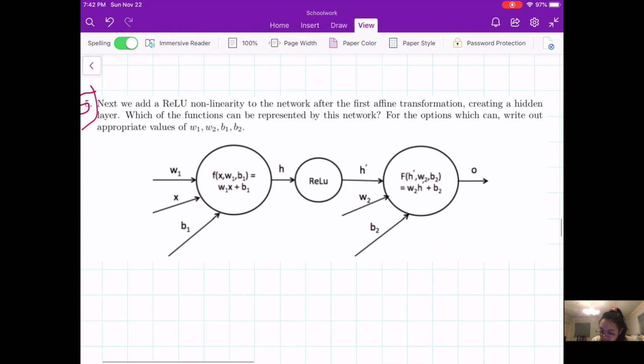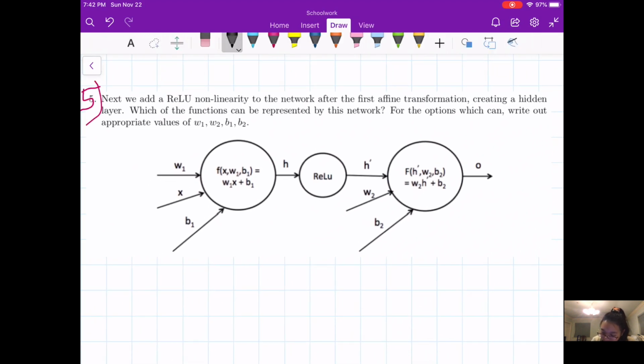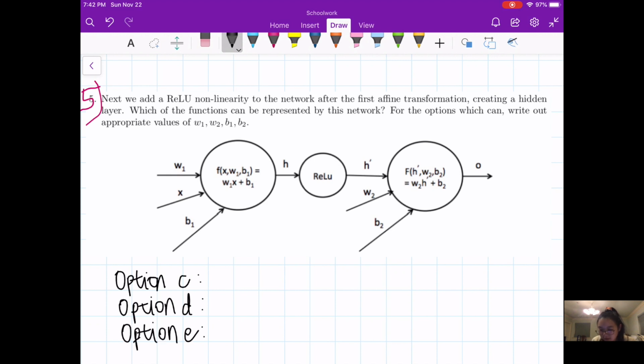So based on that, the options that are possible are option C, option D, and option E.